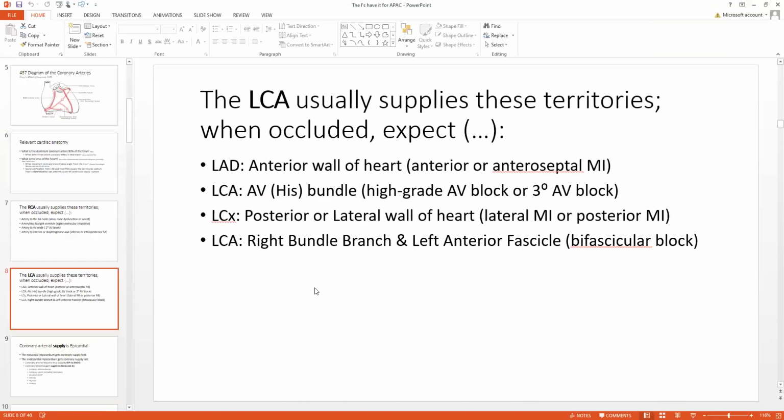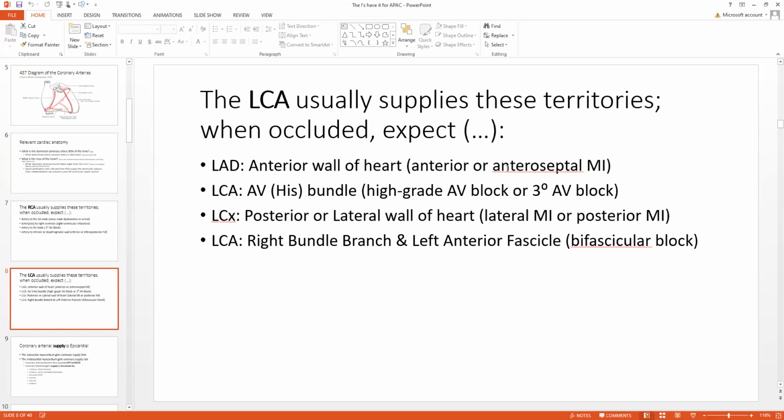Now the button works. So how about the left coronary artery? Well, anterior or anteroseptal myocardial infarction, that's from the left anterior descending. Depending upon where in that left anterior descending the occlusion occurs, it would be an anterior or an anteroseptal infarction. I think it's important for you to know this.